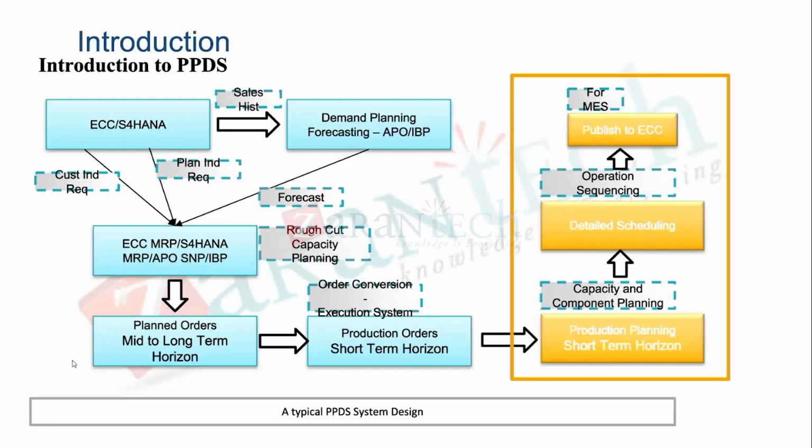But as the world is progressing more and more, when there is the need for faster supply chains, planning systems are gaining more and more importance, especially after COVID. A lot of companies have started digitizing their supply chains, so those systems are getting more importance now. However, no planning system can do anything unless there is an execution system at the pivot. So you will see most projects have either ECC or S4HANA.